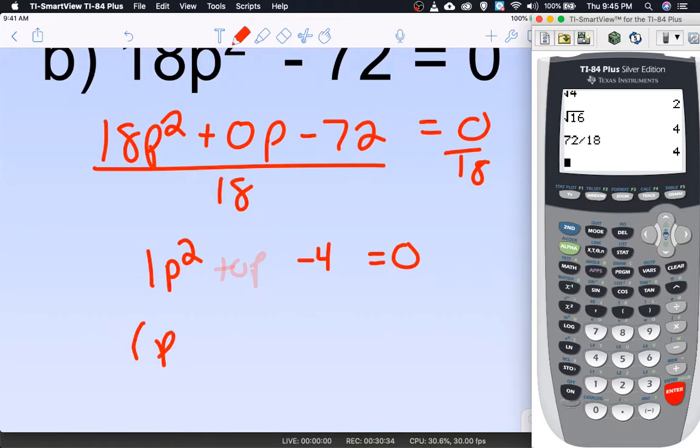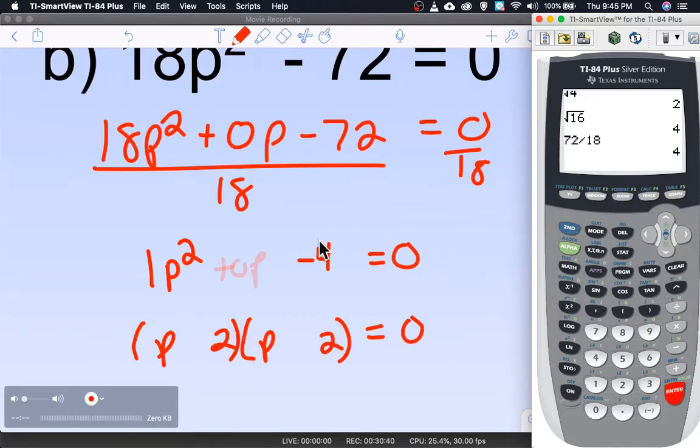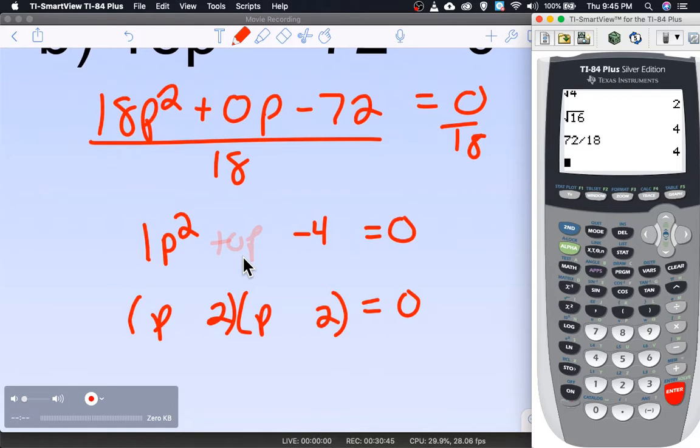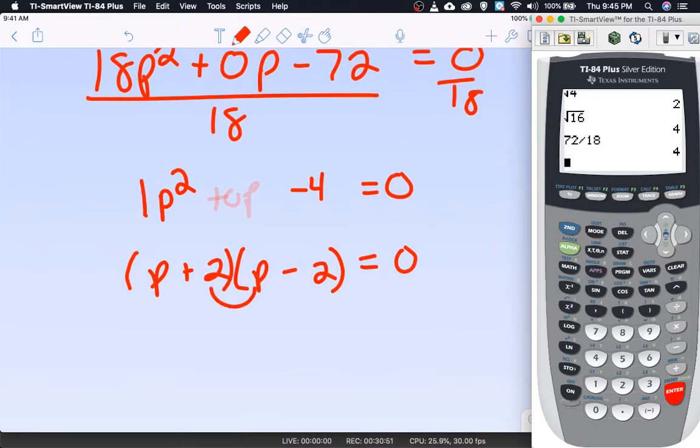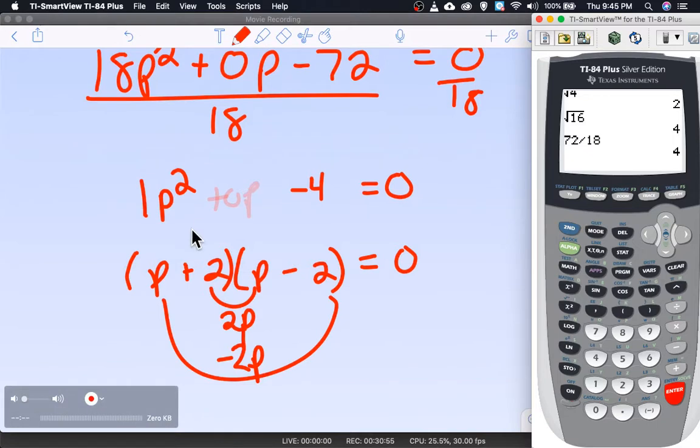So p and p, 2 and 2. 2 times 2 is 4. To make my middle term cancel out, one of these is going to be a positive and one should be a negative. And that would make this become a positive 2p and a negative 2p. P times p is p squared.